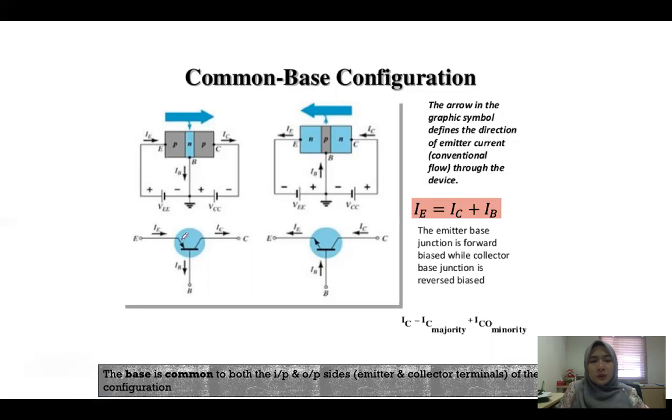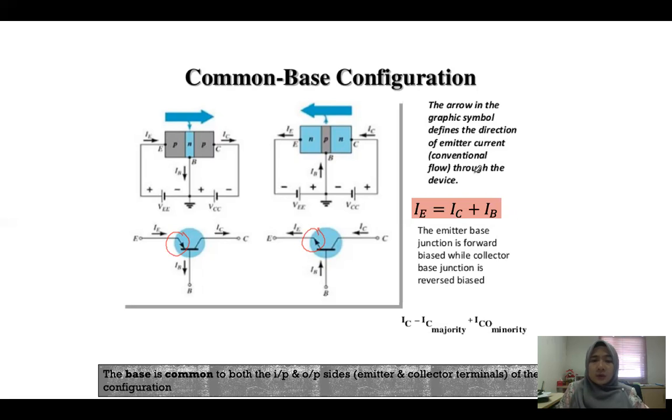So you know that for the PNP, the arrow of the emitter is like this, so the current direction is like this. But for the NPN, the arrow here is like this, so the current direction is to the left. So the arrow in the graphic symbol defines the direction of emitter current through the device.